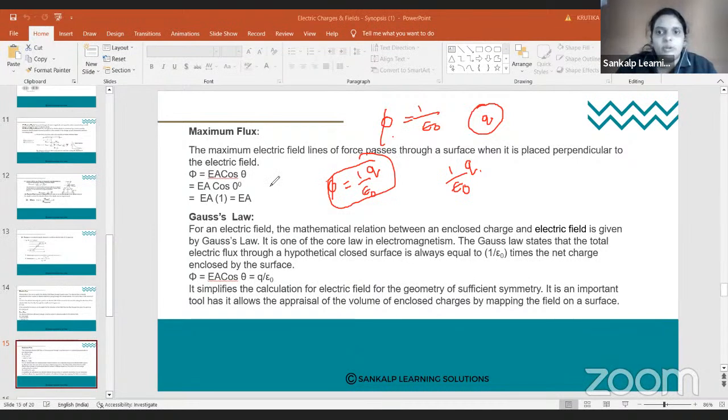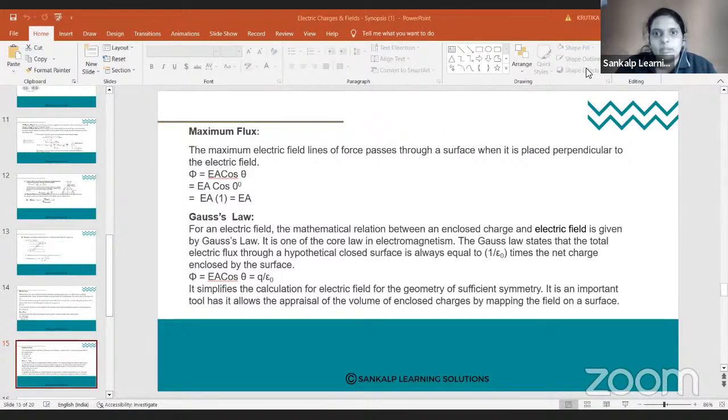So now we will not waste much time in the theory part. We will go for the multiple choice questions. I hope everybody is sitting with pen and notebook so that you can note down the questions also. So be ready with the book and the pen.